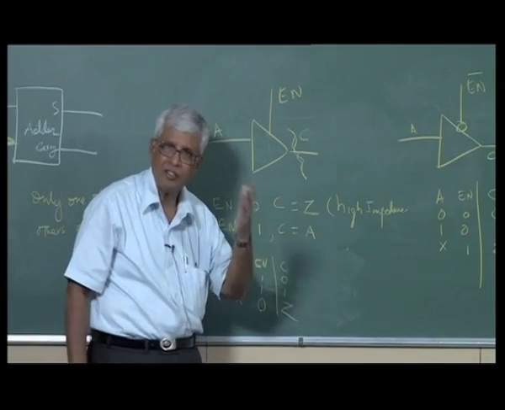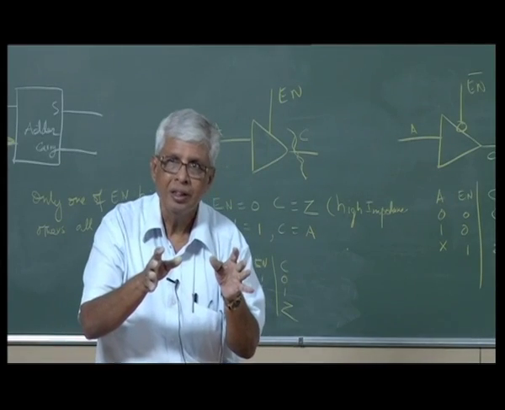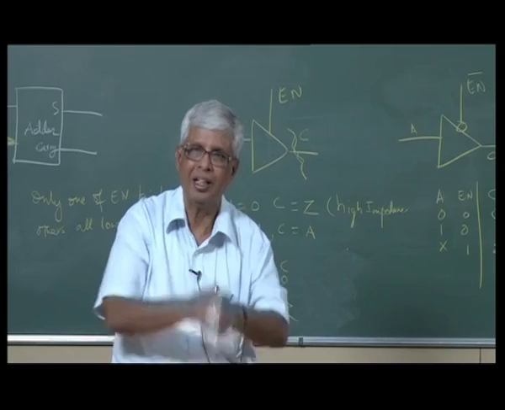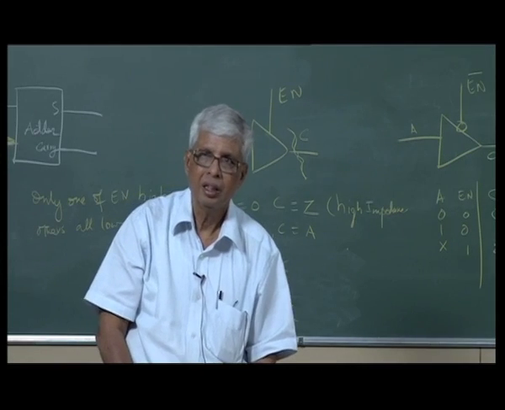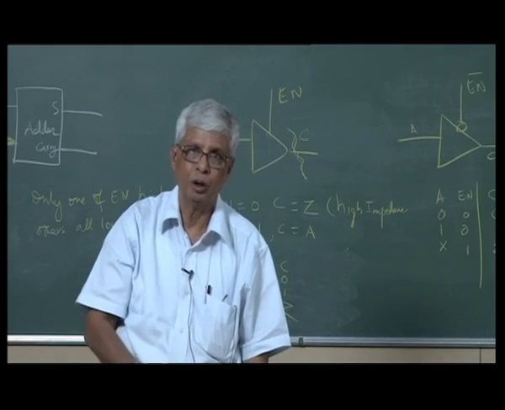The possibility of Z or high impedance or no output occurs because enable has been disabled. That is why it is called a 3-state buffer. There are 3 variations possible in the output.